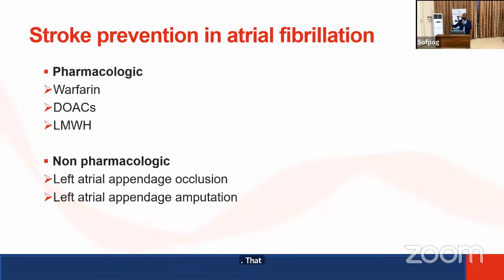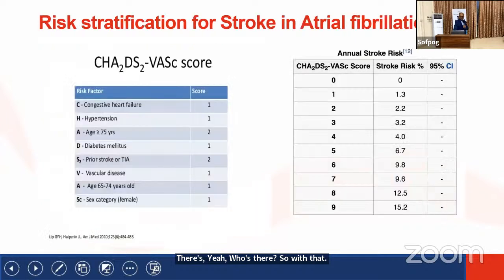But eventually, because patients move in and out of atrial fibrillation, once the clot is formed, the atrium gets its contractility back. The clot that has been formed will squeeze out of the appendage, go into the left ventricle, and can go anywhere in the body, the brain, the legs, causing peripheral embolism. So these are the management options for stroke prevention in atrial fibrillation.